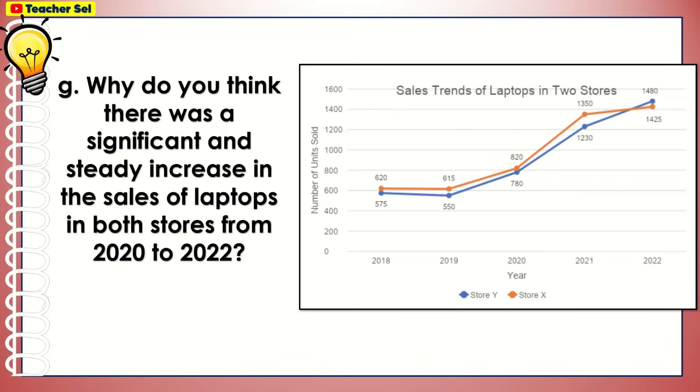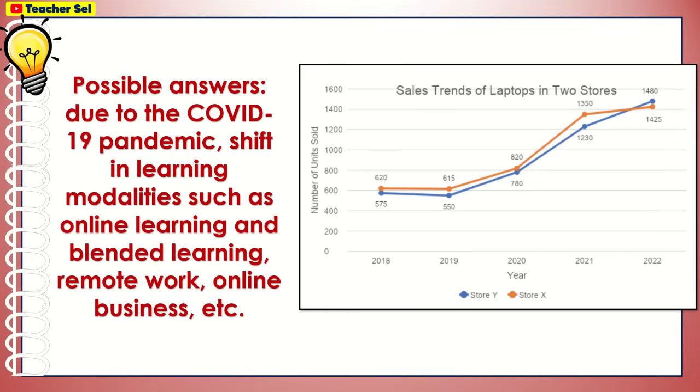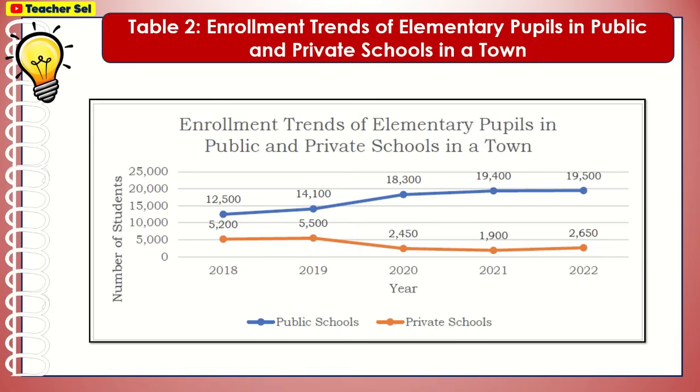Why do you think there was a significant and steady increase in the sales of laptops in both stores from 2020 to 2022? Due to COVID-19 pandemic shift in learning modalities such as online learning and blended learning, remote work, online business, etc.